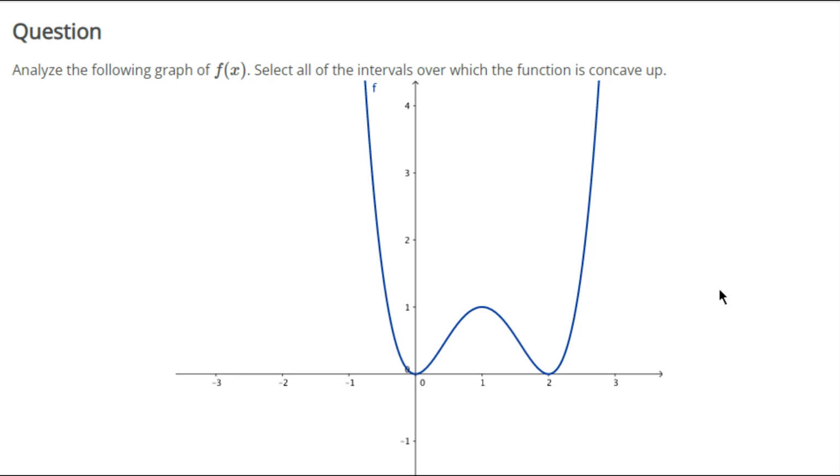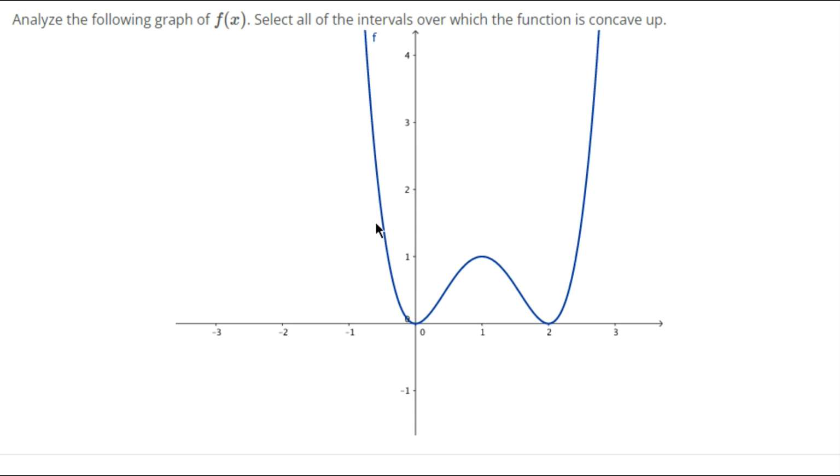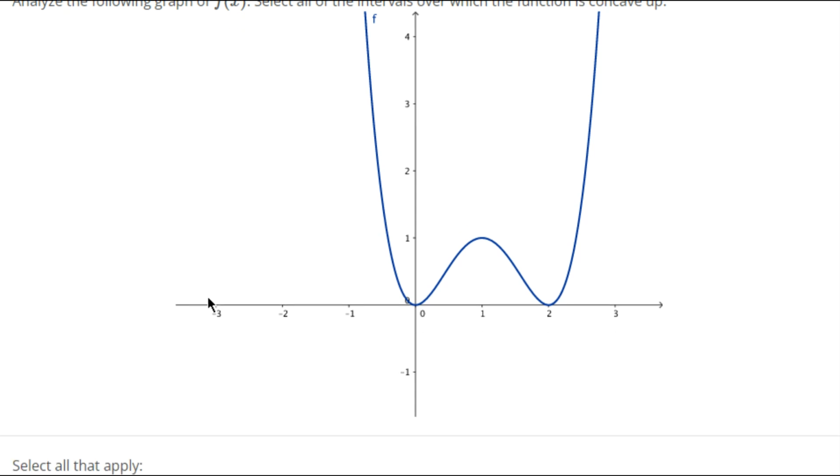Analyze this graph of f. Select all the intervals over which the function is concave up. Well, I need to make a little sketch of this, I guess, or I need to draw on it to illustrate where that happens.